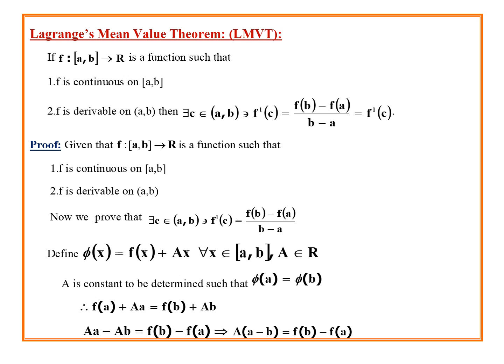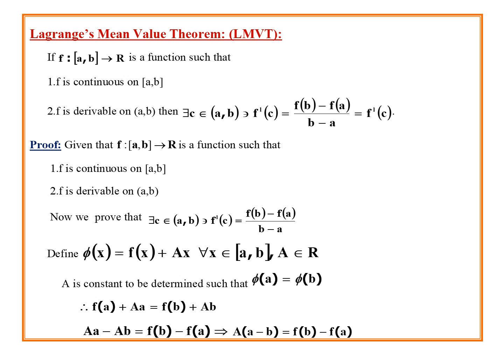For that we are defining one function, phi of x is equal to f of x plus Ax for all x belonging to closed interval [a, b] and A belongs to R. A is a constant to be determined such that phi of a is equal to phi of b.